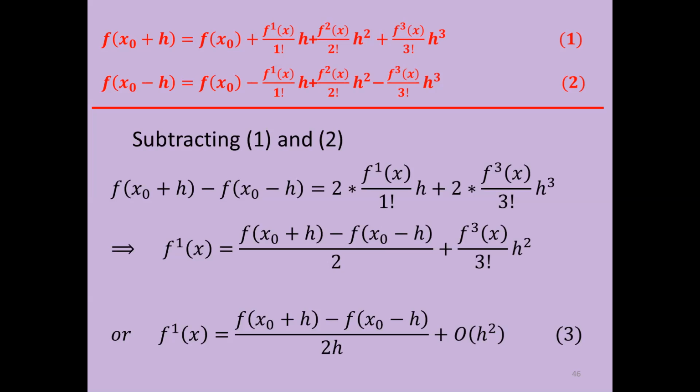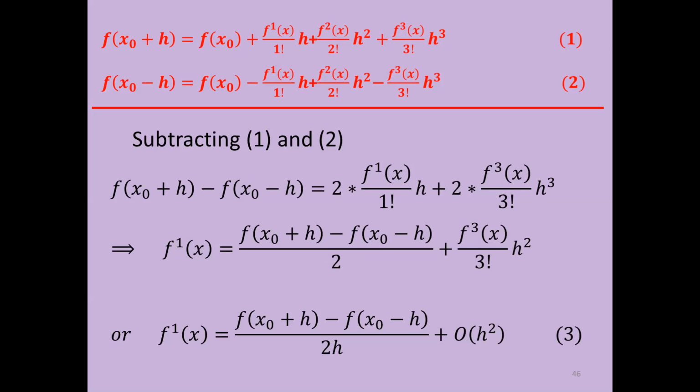Now in this expression, that is the last expression, we have a term represented by O of h square. If you simply compare equation number 3 with the previous expression on display, you can very well conclude the expression for the order of error, that is O(h square).